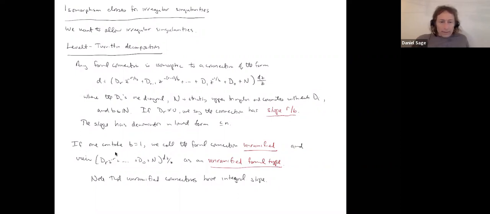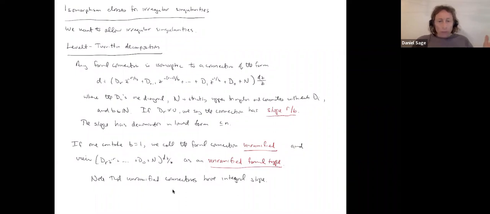Anyway, if one doesn't have to extend scalars, we call the formal connection unramified. And we view this connection, just what I wrote up above but with b equals 1, we call that an unramified formal type. It's like the residue matrix we considered in the regular singular type.